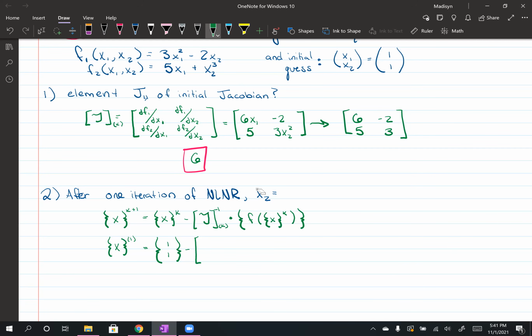So the inverse of 6, -2, 5, and 3. That answer is unfortunately not super pretty. It comes out to be 3/28, 1/14, -5/28, and 3/14.